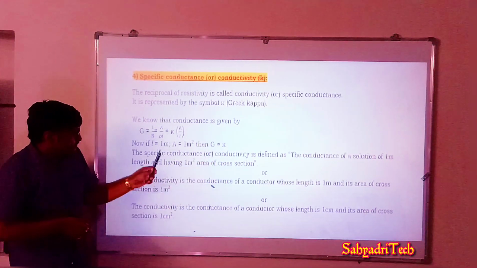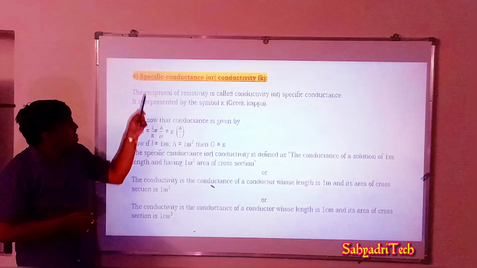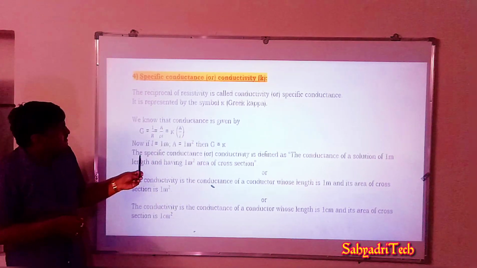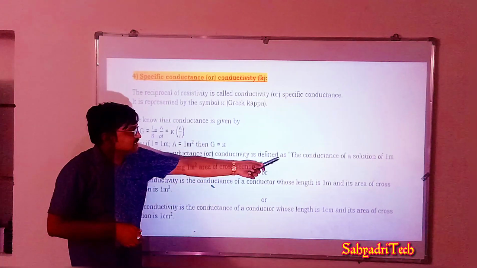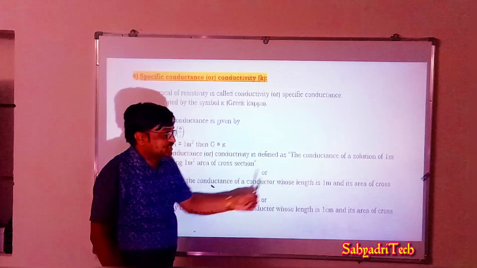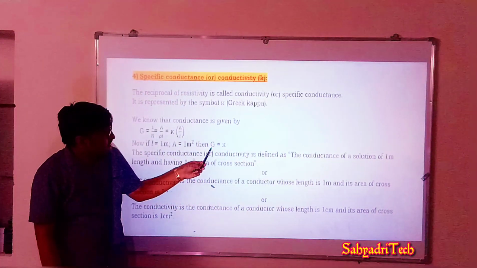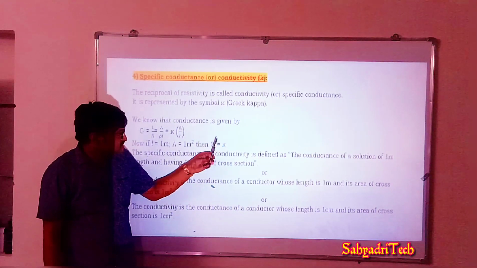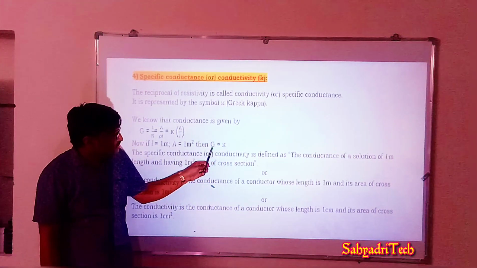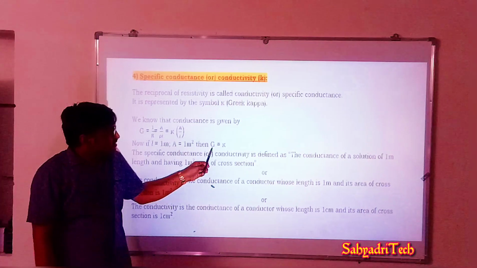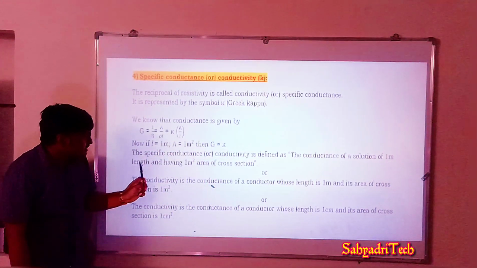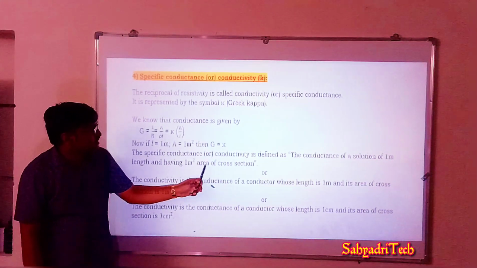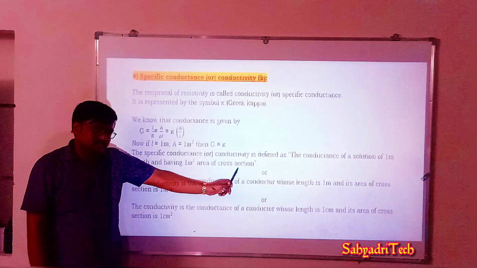We are looking for another definition for specific conductance. The specific conductance is the conductance of a solution of 1 meter length and having 1 meter square as area of cross section.